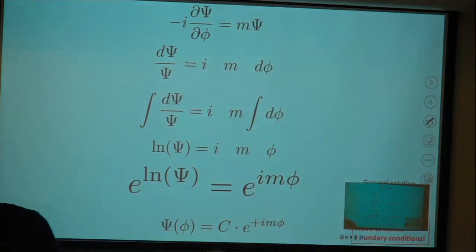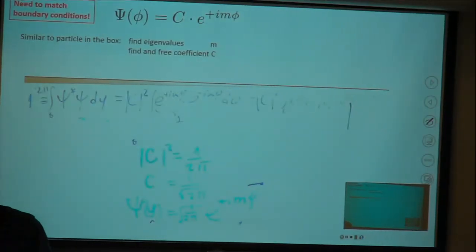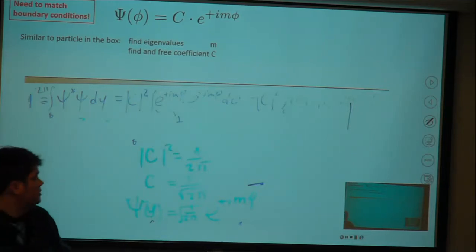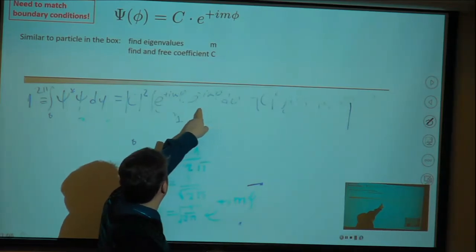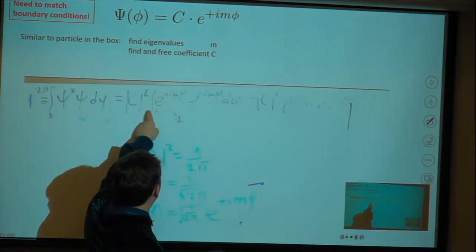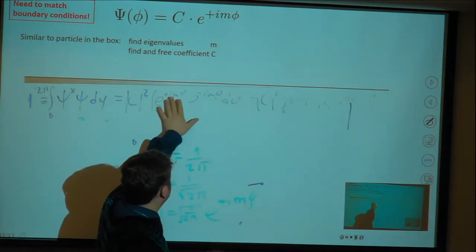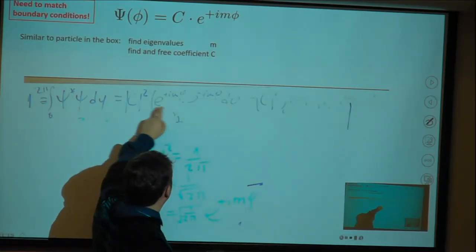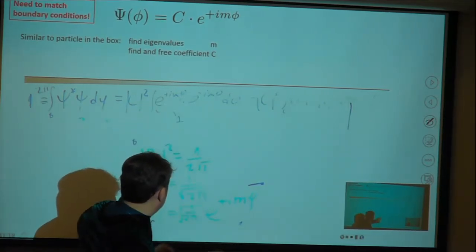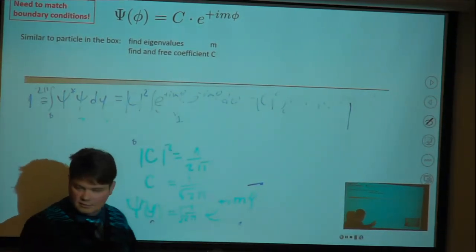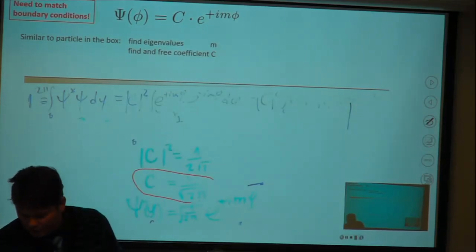We require that the integral over any angle will be equal to 1, right? So we take this exponential and its Hermitian conjugate, so it will be just the integral from 0 to 2 pi of nothing, of the angle, times C squared. So C squared times 2 pi equals 1, and then we get the C coefficient as 1 over the square root of 2 pi.